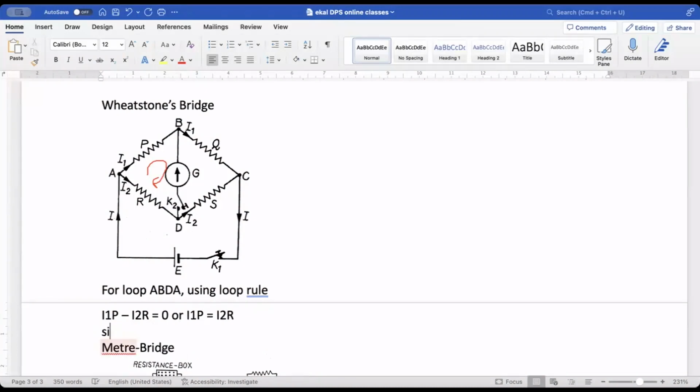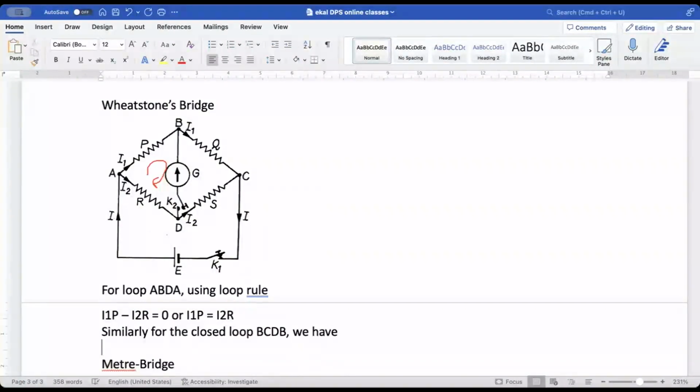Right? And similarly, for the closed loop B, C, D, B, we have I1Q, again in this direction, minus I2S equals 0, or we may say I1Q is equal to I2S.